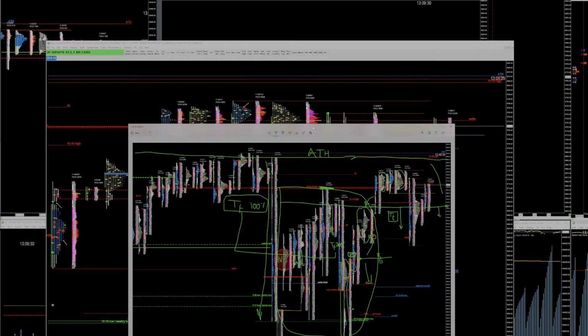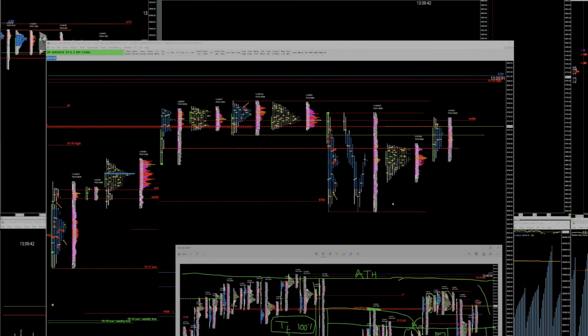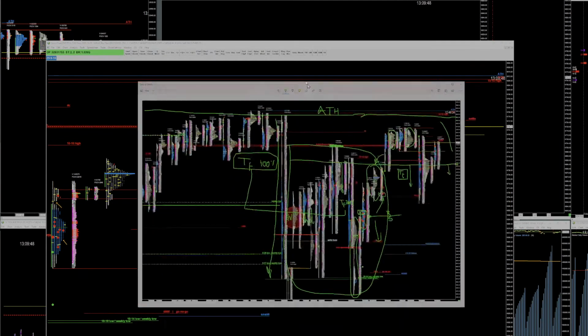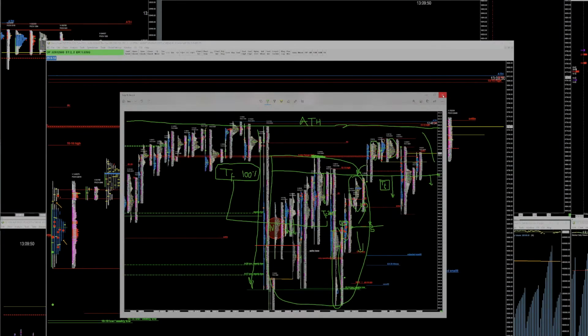The volatility was so high as well that the market was trading back and forth like 30, 40 points. It was unbelievable to see. Back and forth. If you were trading Nasdaq chop, that was unbelievable as well, right?